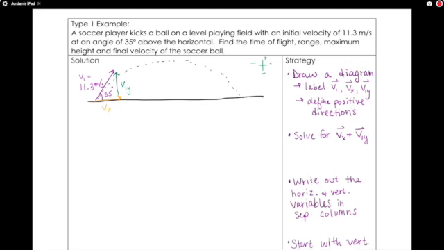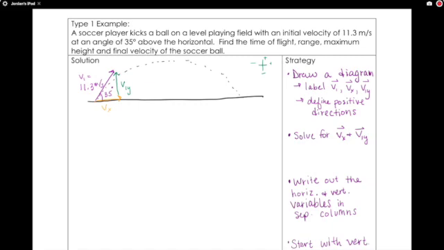And then I went ahead and completed the right triangle so that I have the Vx, and then I have the initial vertical velocity, V1y. Okay, and then also I define the positive directions as up and to the right.